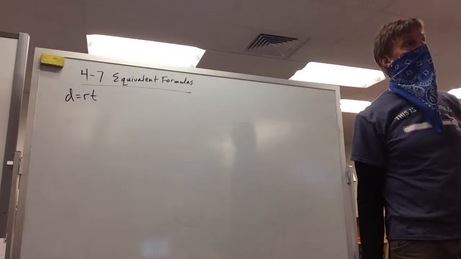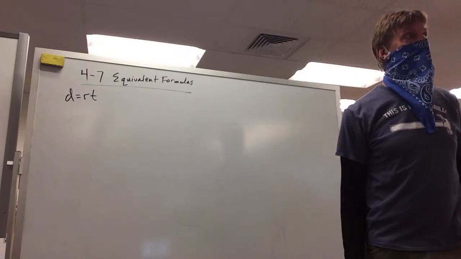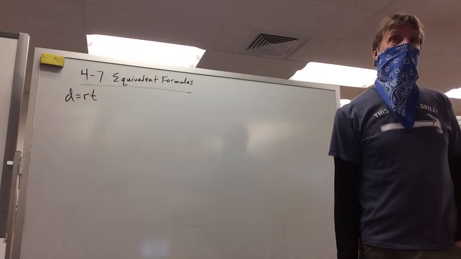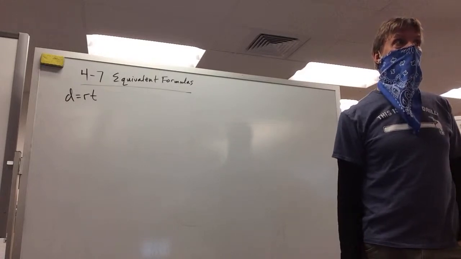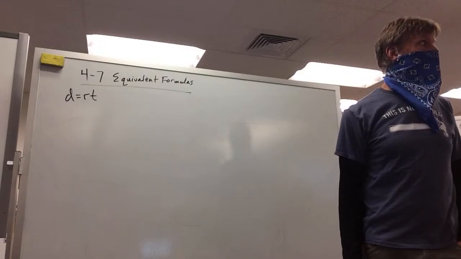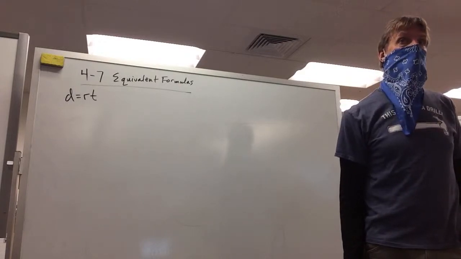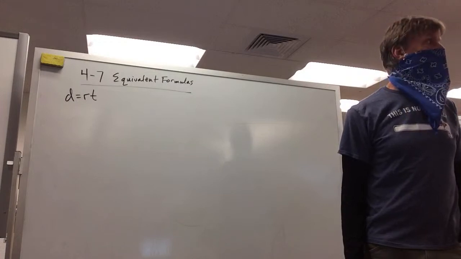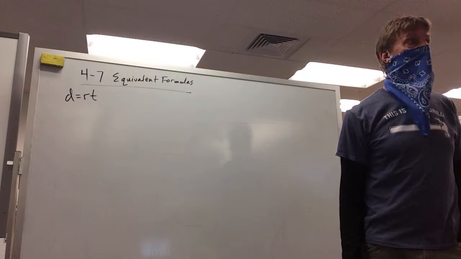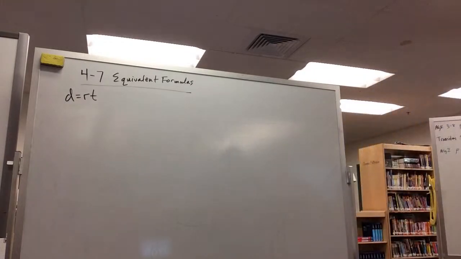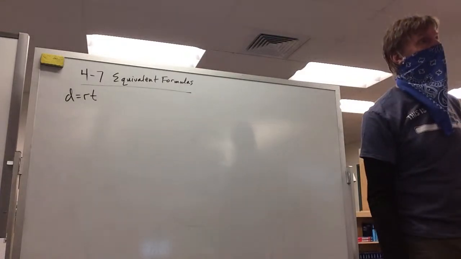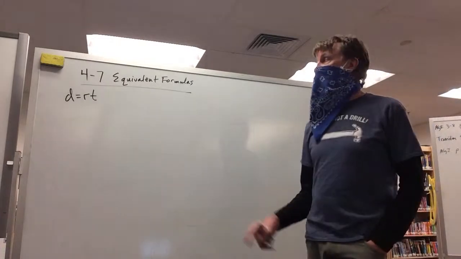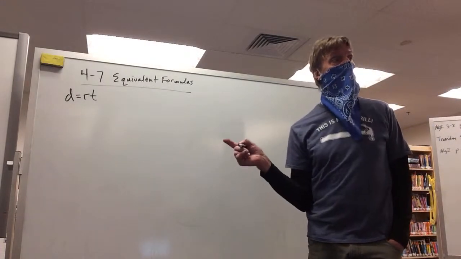D equals RT, commonly used. It's not in the book, I don't think, at least not right here. What does D stand for, do you think? Could be diameter, but actually they use a capital D for diameter. So what's another D word that we do in distance? Okay, so distance equals, what's R?